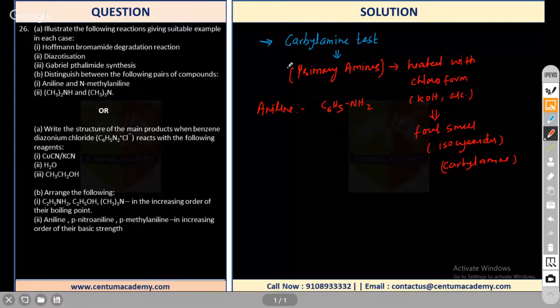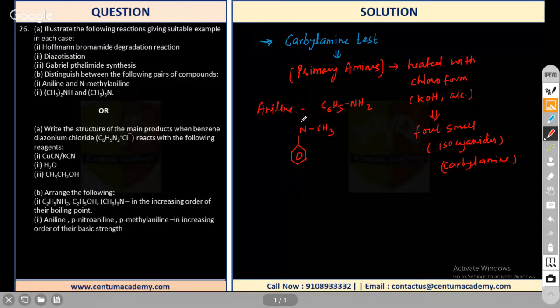But what is the other compound we have? N-methyl aniline. If you write down this particular formula, aniline with N-methyl, we have N attached with one CH3 here.